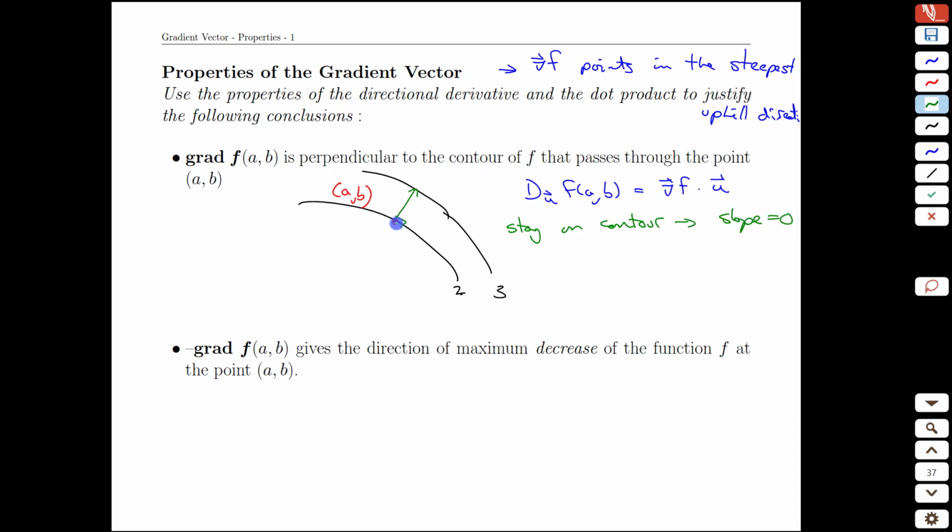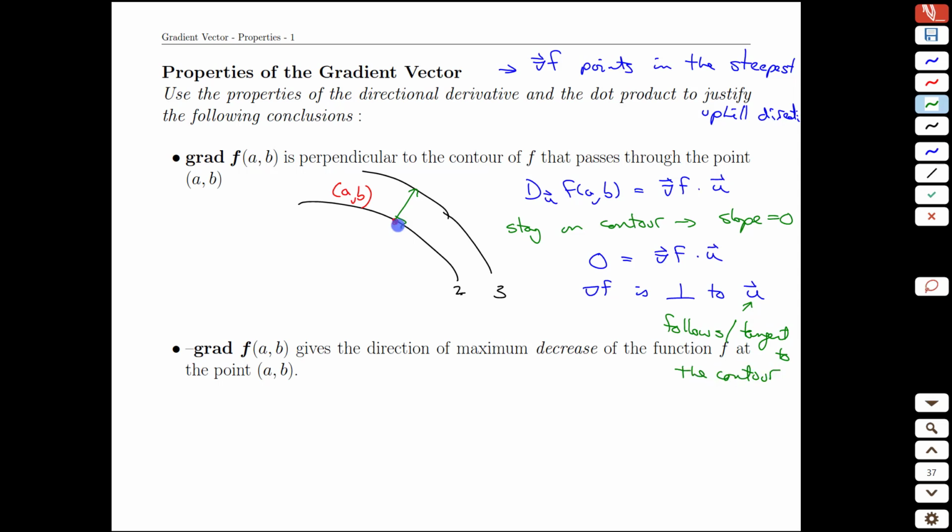If we follow this contour, a small microscopic step, then we do not change our height, and so our slope would be 0. So 0 would equal the gradient of f dotted with u. And so the gradient of f is perpendicular to a vector if this vector follows the contour, or is tangent to it, which is more explicitly correct here.